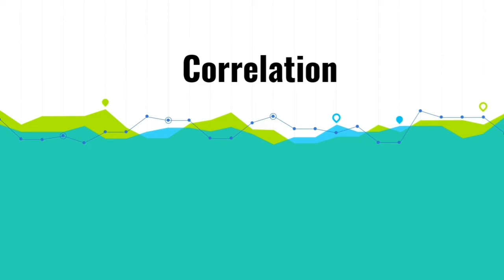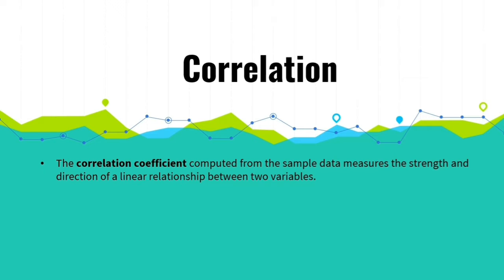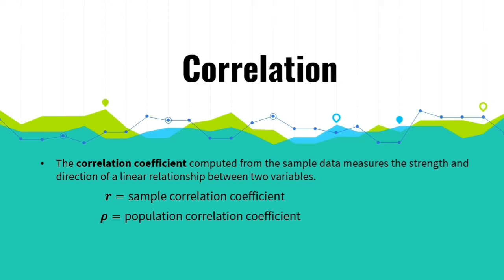So again, the correlation coefficient computed from the sample measures the strength and direction of a linear relationship between two variables. We have r as the symbol for the sample correlation coefficient, and this symbol is a Greek letter called rho for the population correlation coefficient.